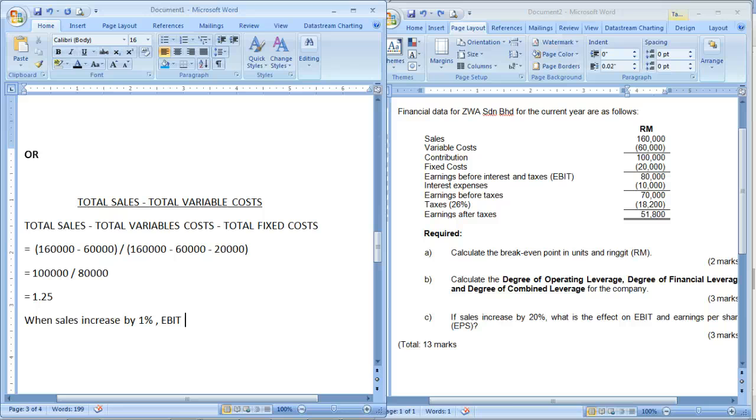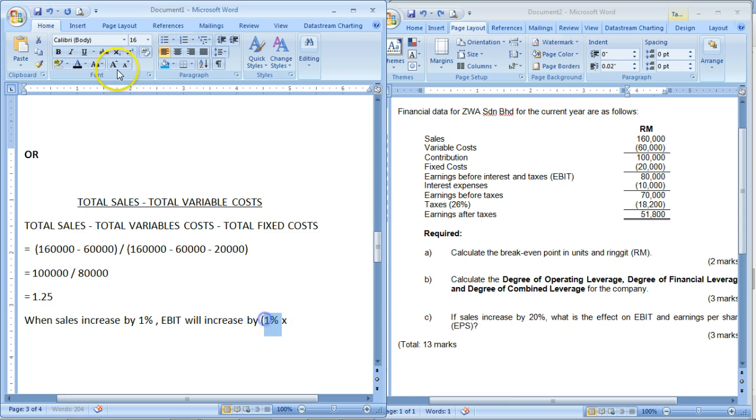Do you think that if sales increase 1%, EBIT also increases 1%? No, because the indicator you calculated here is 1.25. So EBIT will increase, but we don't know the amount of increment. That's why we need to calculate this DOL. EBIT will increase by, this is a way to calculate.